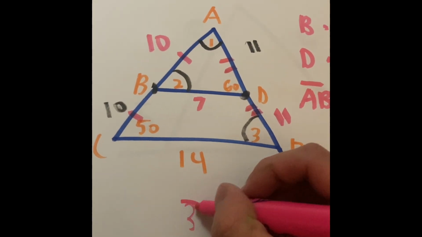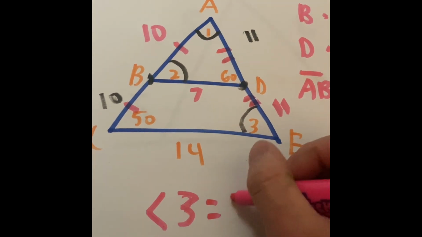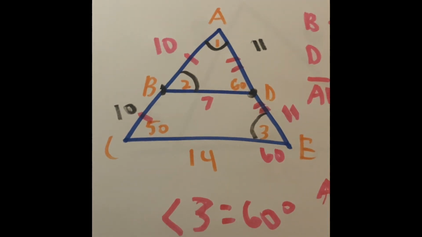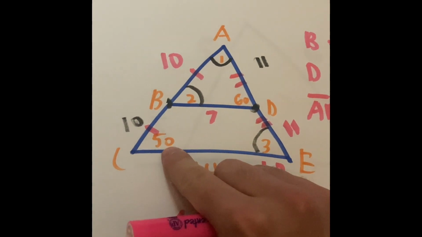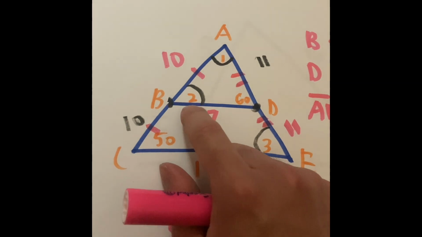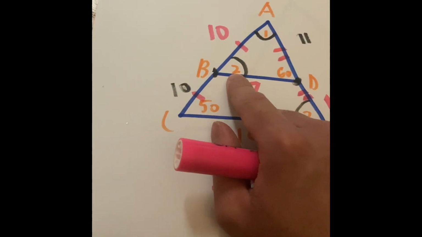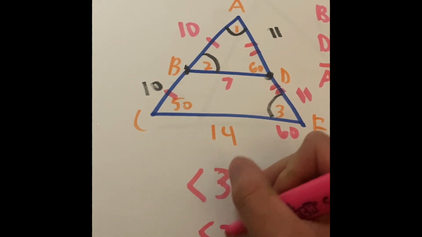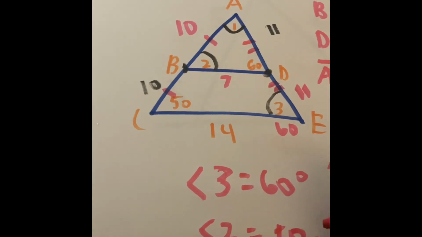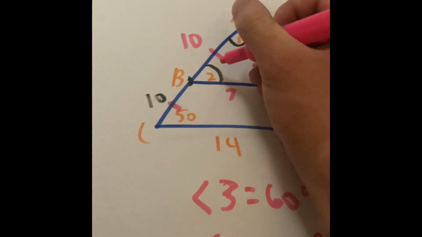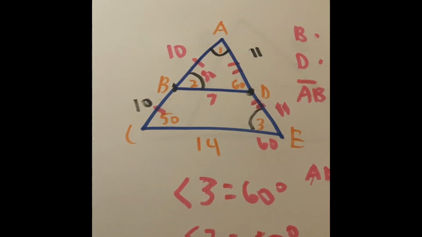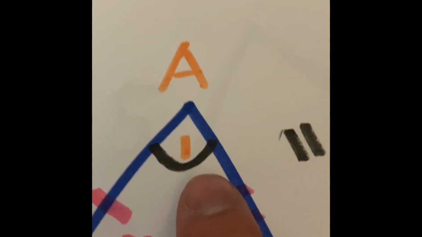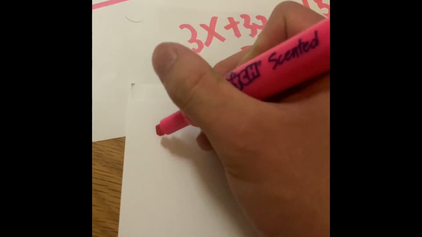Then if this is 50 degrees, then this is going to have to be 50 degrees because of corresponding angles. So angle 2 is going to equal 50 degrees. The last thing is we got to find out what that angle number 1 is.